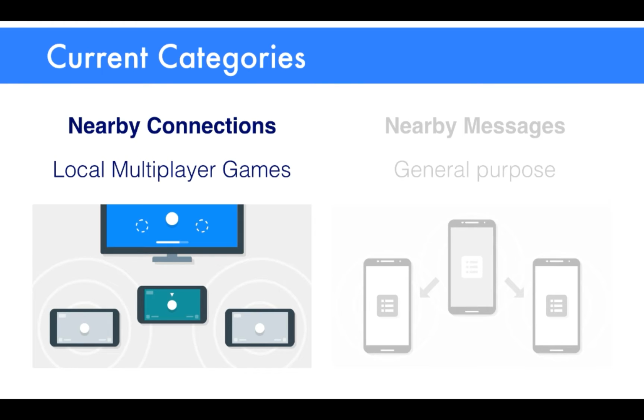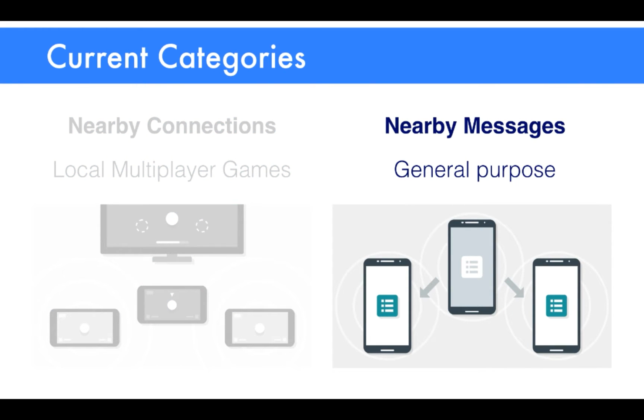That to me seems to have a fairly specific use case in mind, and so I haven't explored the capabilities of that too much. What's more interesting to me is the Nearby Messages API, and this is much more general purpose. It's a fairly simple interface, but you can build a lot on top of it.